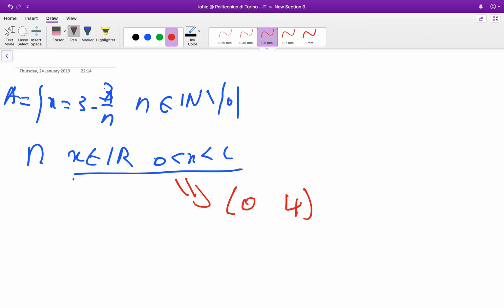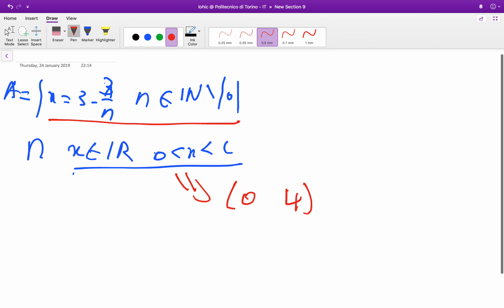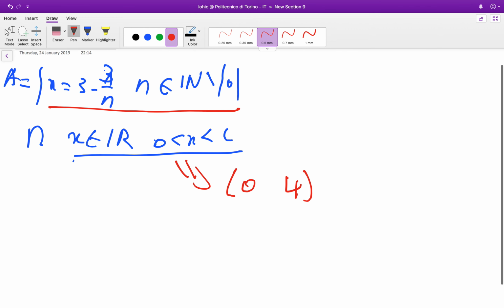And for this we are done. Now we need to analyze this part as done before. I try to understand what the possible elements in this set are. You take the elements of the form 3 minus 3 over n with n belonging to any natural number except 0.